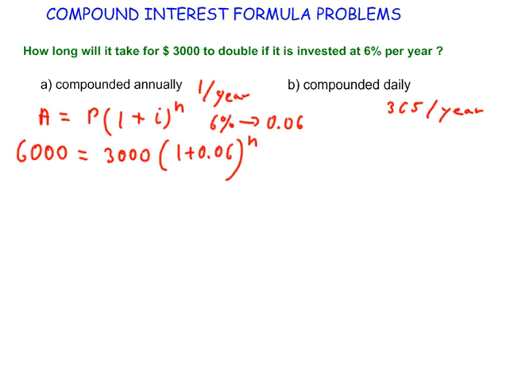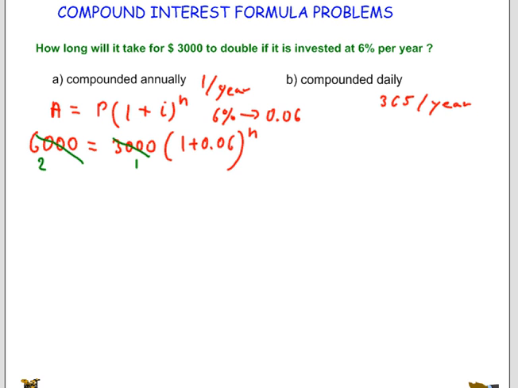Simplify as usual. So divide both sides by 3,000. You're going to get 1 here and 2 on the opposite side. Now we have to simplify further by writing the following.